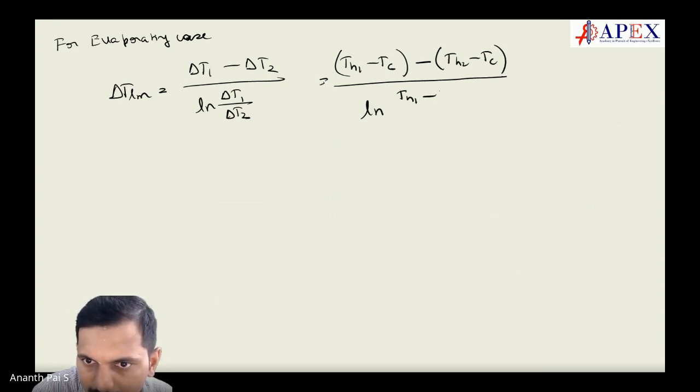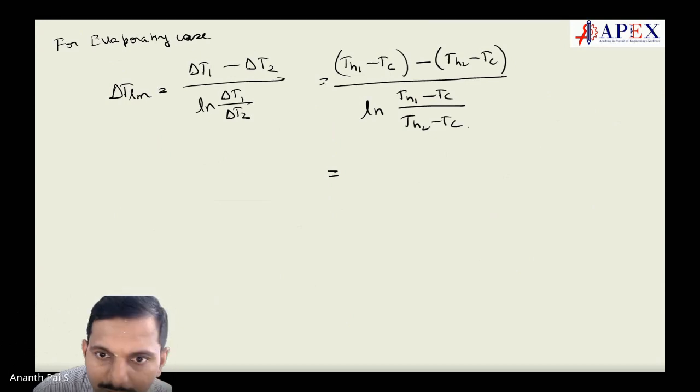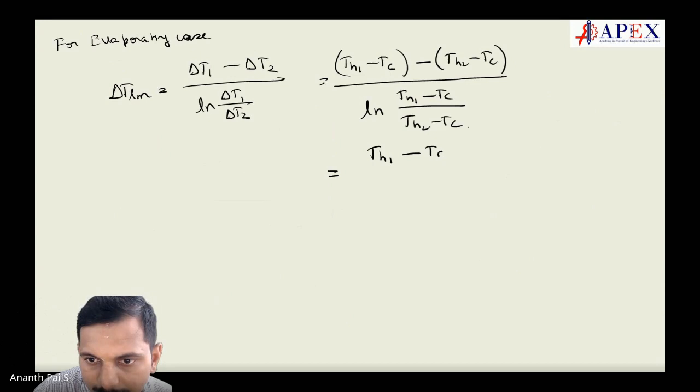This would be equal to TH1 minus TH2 divided by log of TH1 minus TC divided by TH2 minus TC.